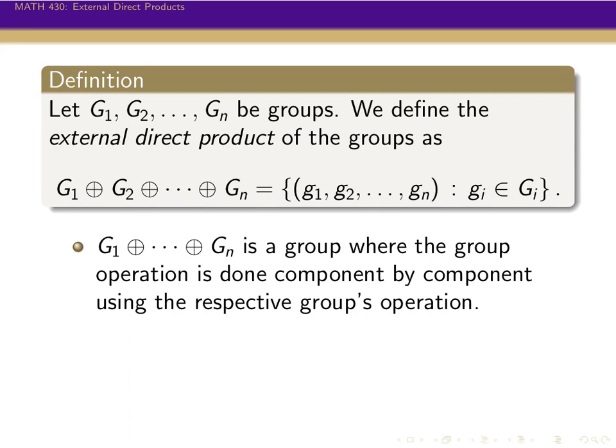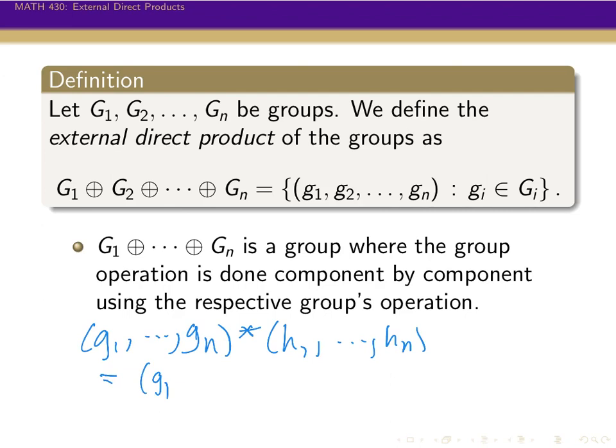In other words, if we have G1 up to Gn, and we want to combine this with H1 up to Hn, then this is all going to be done component by component.